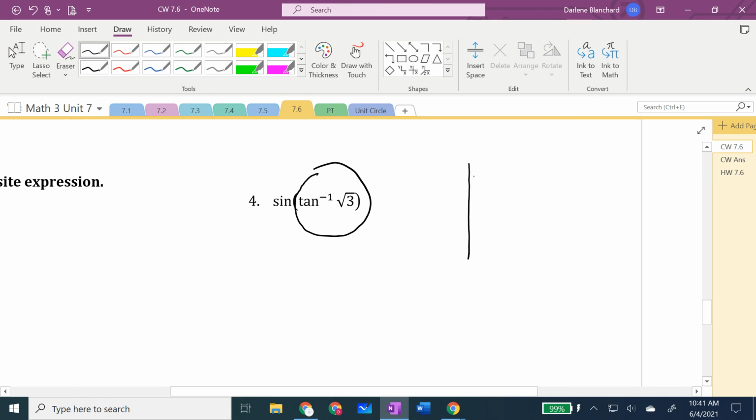Inverse tangent will only give me an angle between negative pi over 2 and positive pi over 2. Do you remember what angle gives me a tangent value of root 3?